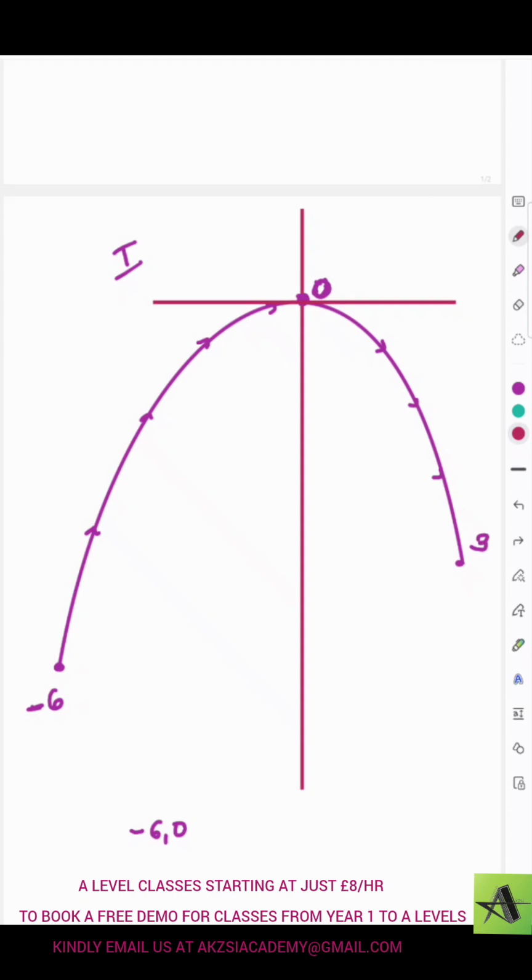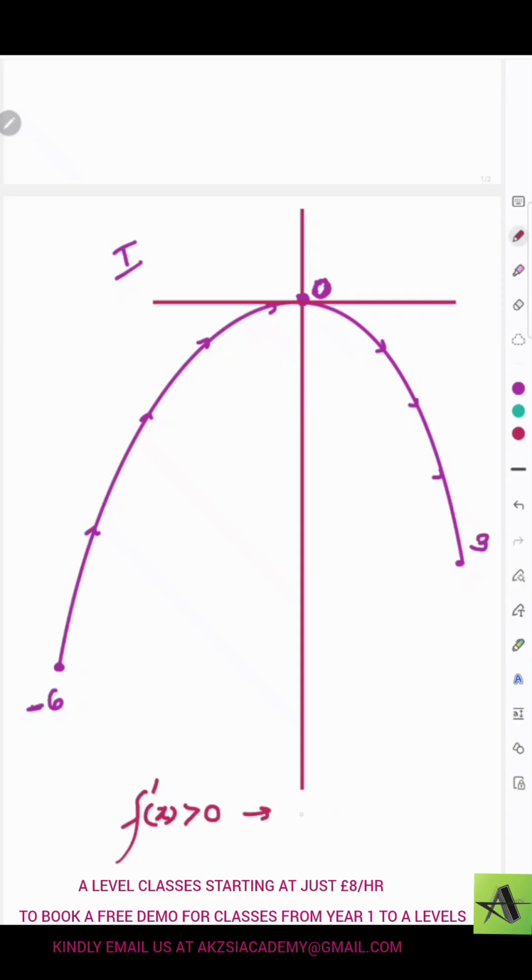Geometrically, graphically, you just draw the graph and you'll get to know between which points it's increasing or decreasing. But in calculus, if we have the equation of a function, f dash x, that means the derivative of that function, should be greater than 0.